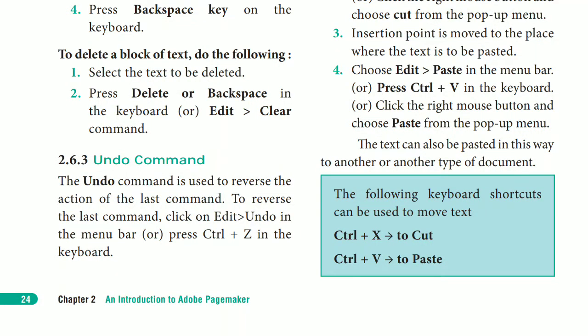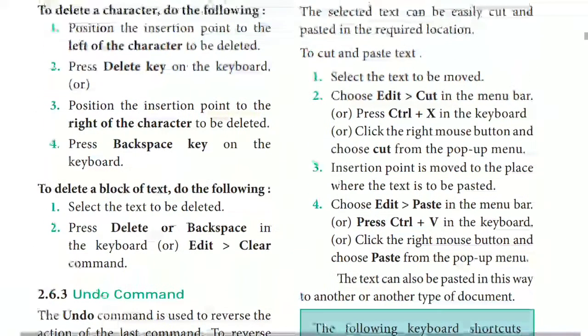If you want the last action removed from the document, then you can use this. Control Z is the shortcut key for the Undo command, so that it will remove the last already done operation.